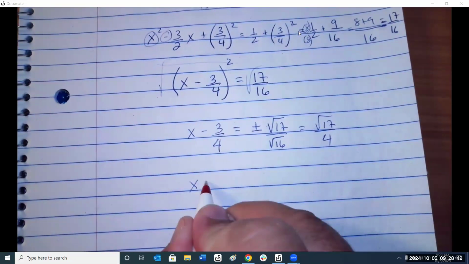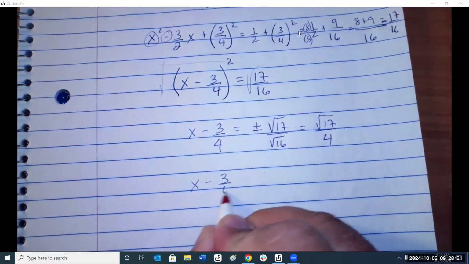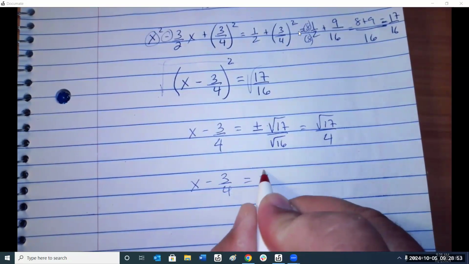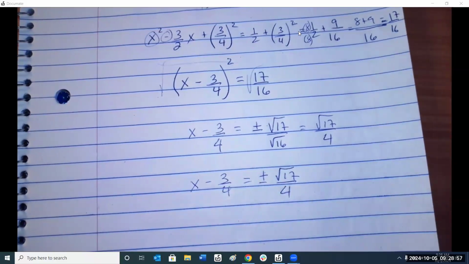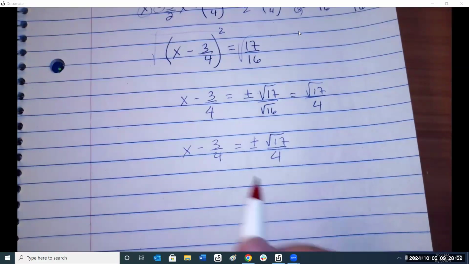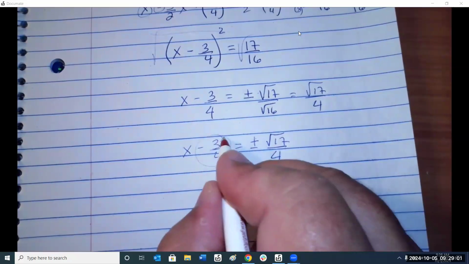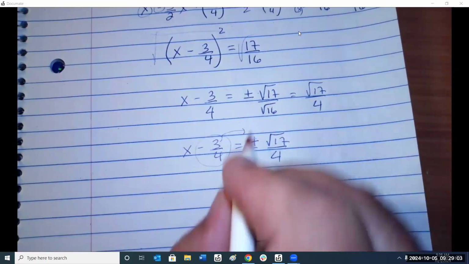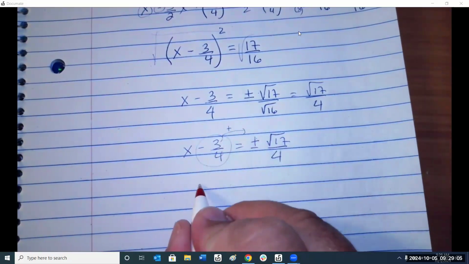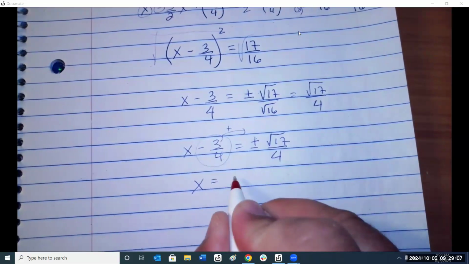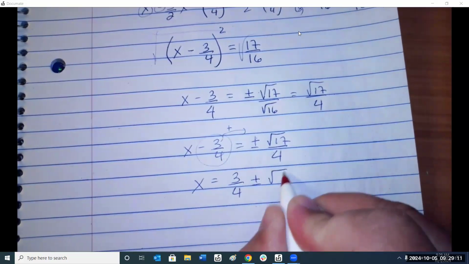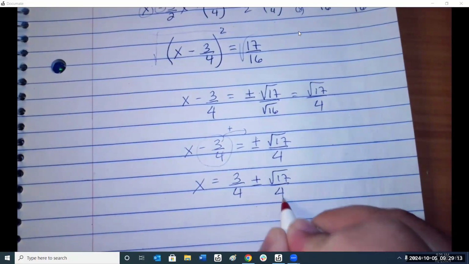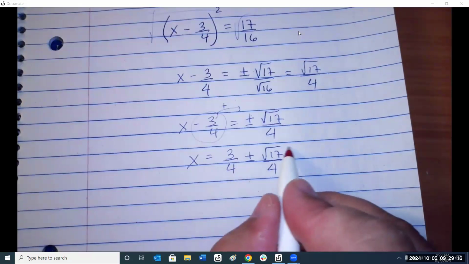So we have x minus 3/4 equals plus or minus square root of 17 over 4. Add that to both sides. So x equals positive 3/4 plus or minus square root of 17 over 4. Those are my two answers.